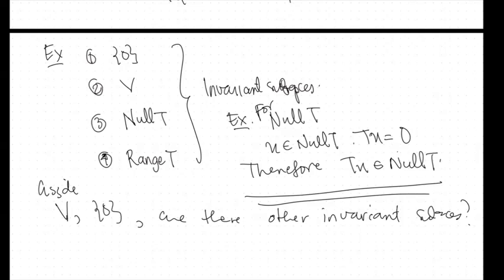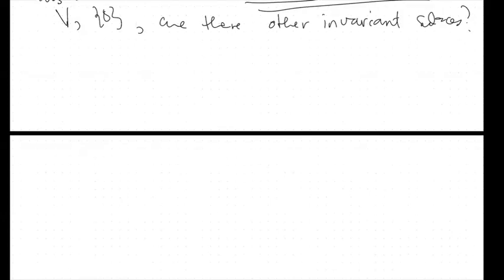Null T and range T are invariant under T, but they do not necessarily provide easy answers, because sometimes the null is just the 0 vector space containing 0, and then the range may be equal to just the entire space V. So it doesn't give a lot of information at all.